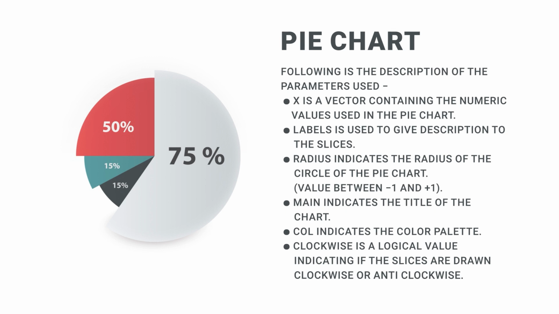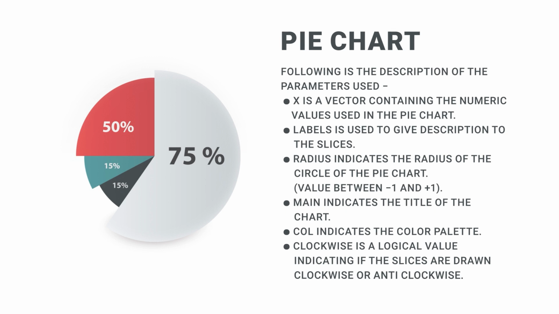X is just a vector which contains the numeric values for which we will build the pie chart. Then there are labels, which let you give a description to each slice of the pie. Then there is the radius, whose value can be between -1 and +1. Main indicates the title of the chart.